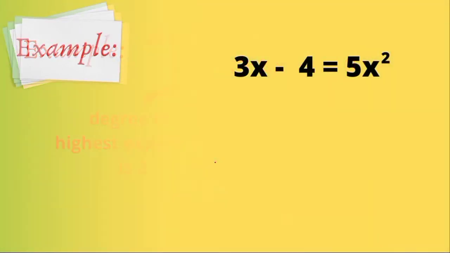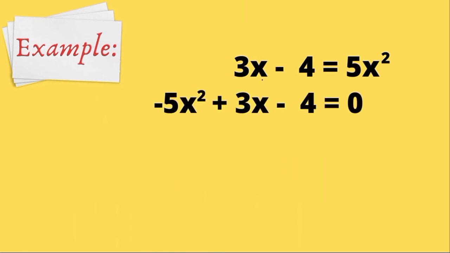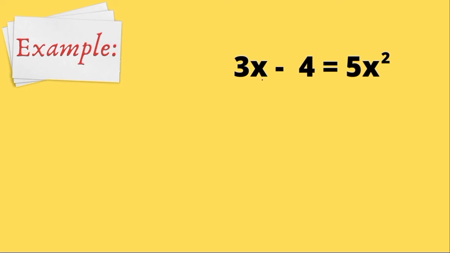How about this example? Would you consider this one a quadratic equation? This one is a quadratic equation, yes, because as you can notice here, the highest degree is 2. Once you see that the highest exponent is 2, the equation is considered a quadratic equation.